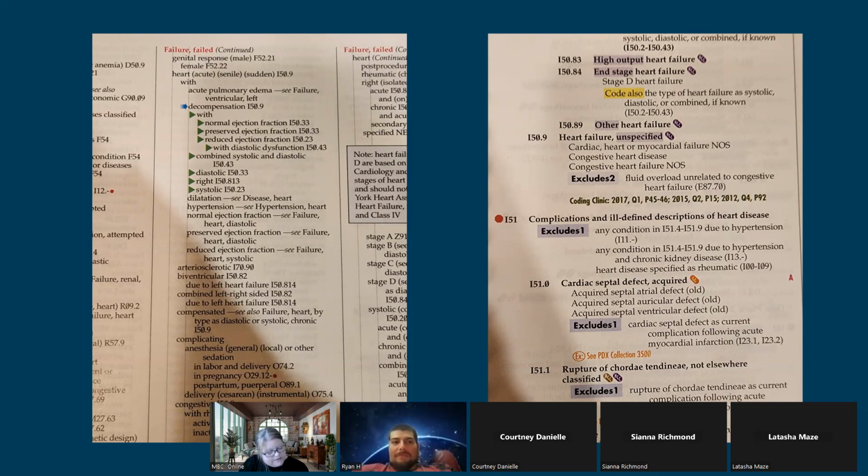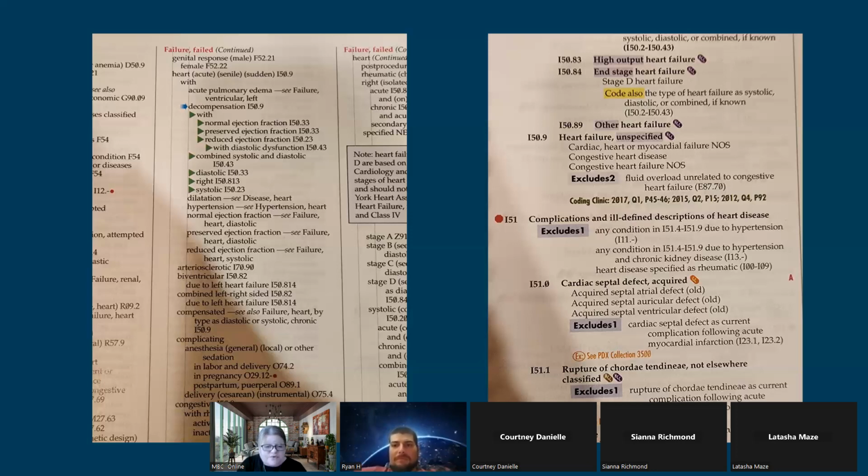So which code were you asking me about? I50.9, and it says heart failure unspecified. And if the doctor has put that, underneath it says Excludes2, fluid overload unrelated to congestive heart failure, E87.70.